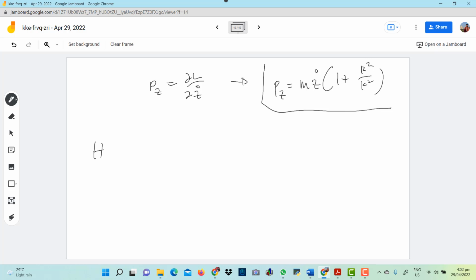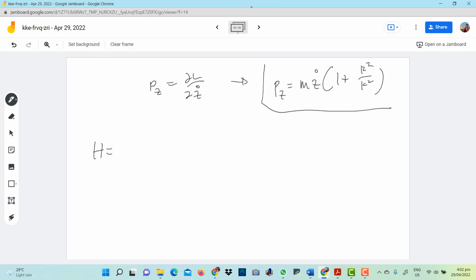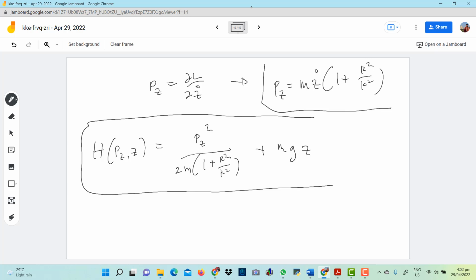Therefore, the Hamiltonian in terms of momentum and position can be expressed as pz squared over 2m times (1 plus r squared over k squared), plus mg times z. Okay, so this will be our Hamiltonian.